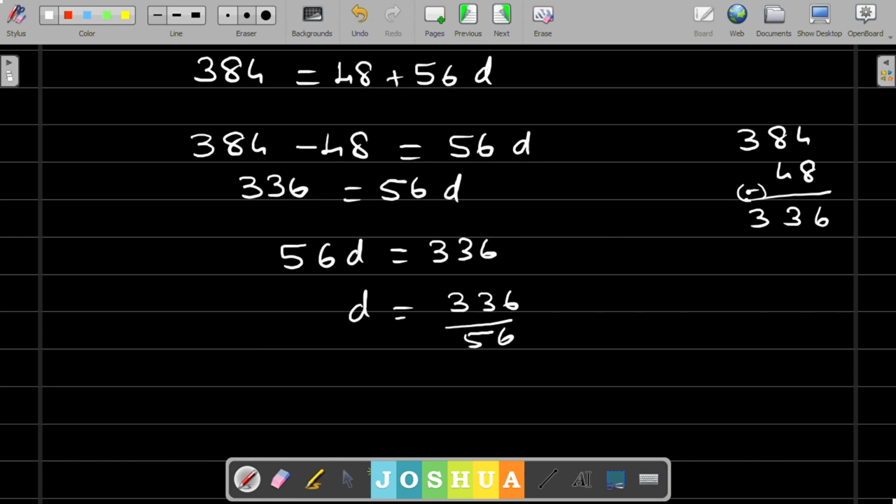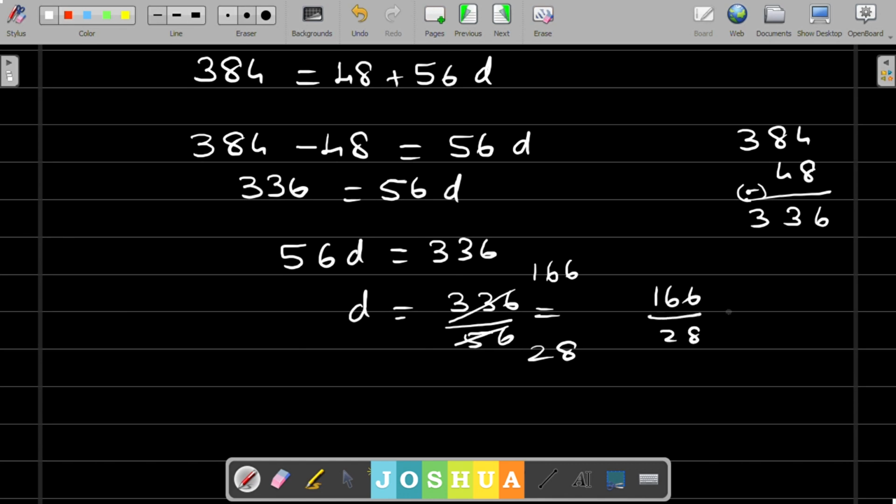Now what we can do is, is 56 divisible by 3? No. So we have to divide by 2. We divide by 2, one by one we'll do this. 56 divided by 2 is 28, and here 336 divided by 2 is 168, so d is equal to 168 by 28.